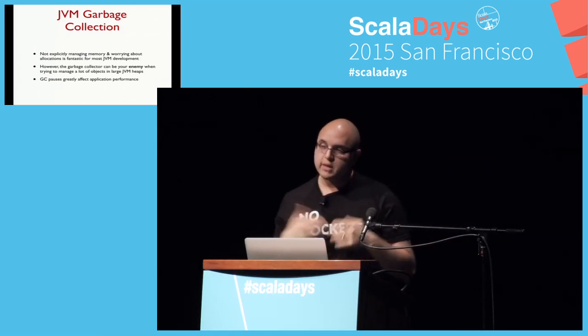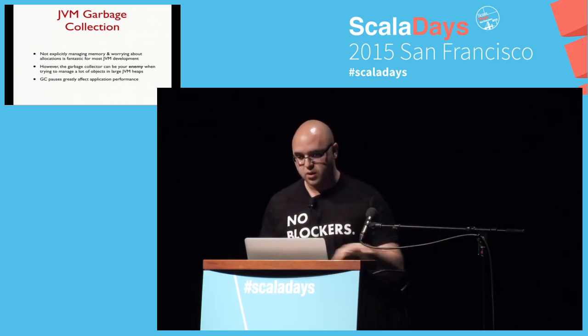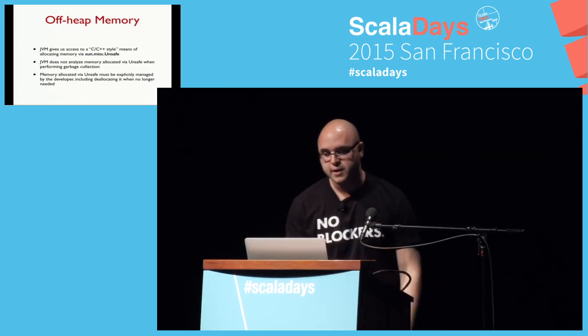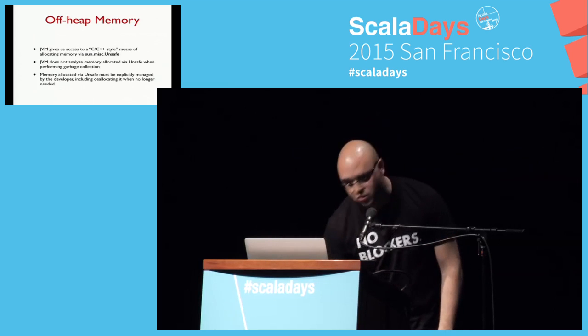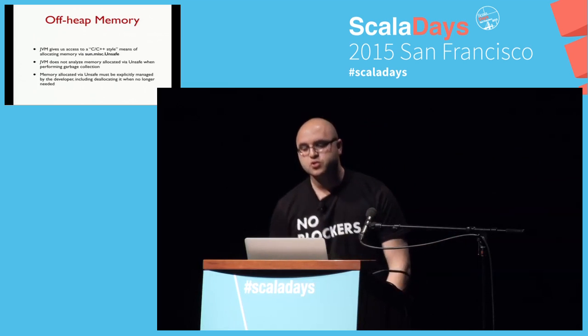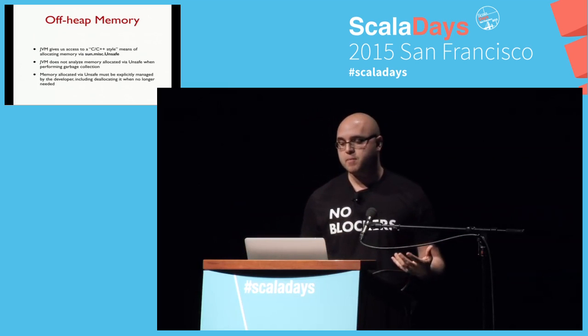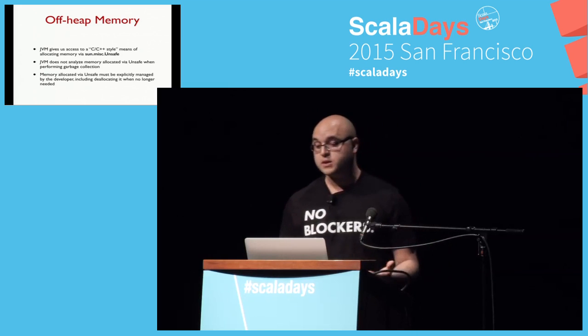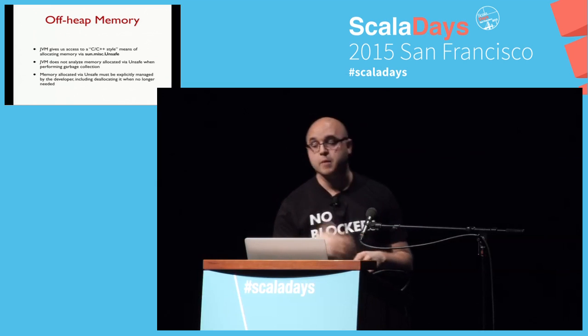To achieve that, you need to minimize your garbage collection pauses. So how can you store a lot of objects in the JVM that need to live around for a long time, without upsetting the garbage collector?